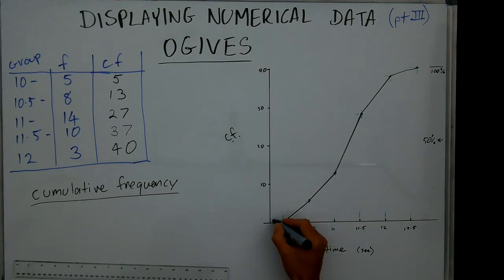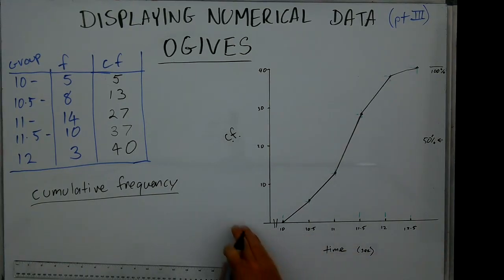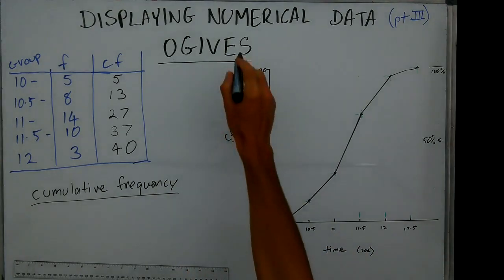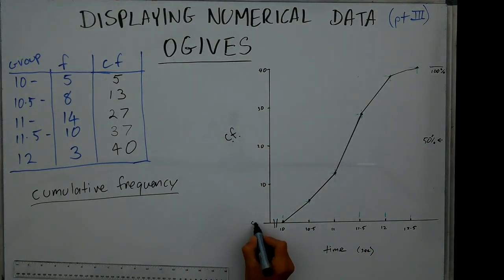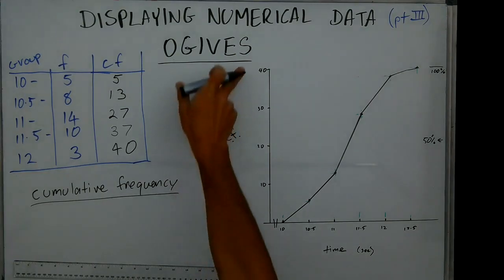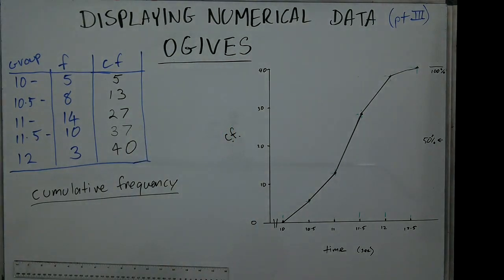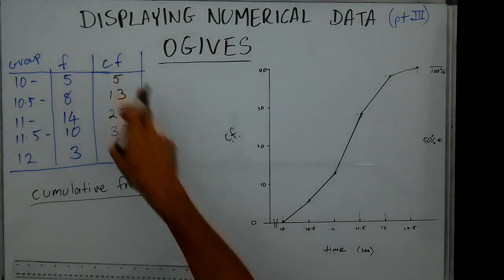Where it starts isn't quite so important, but once you have the groupings, it should be a regular scale going that way. And the cumulative frequency should always start at 0 and go up to the total number of scores. So this CF is the cumulative frequency.